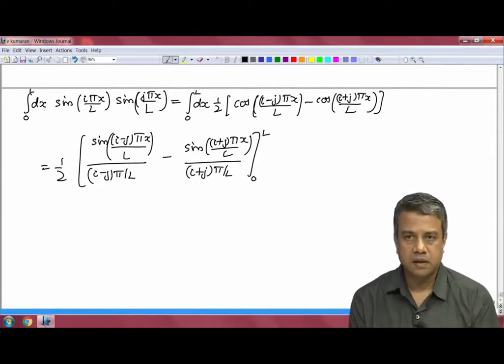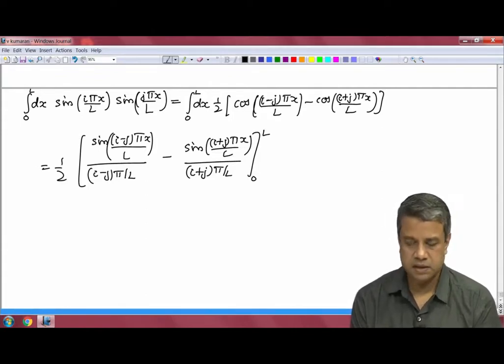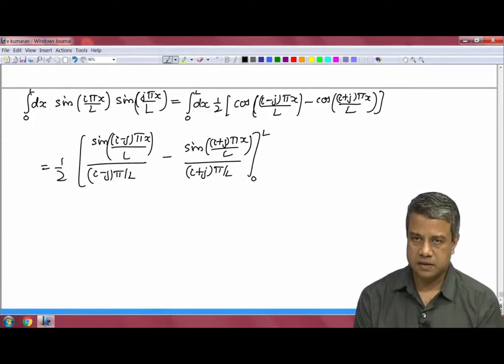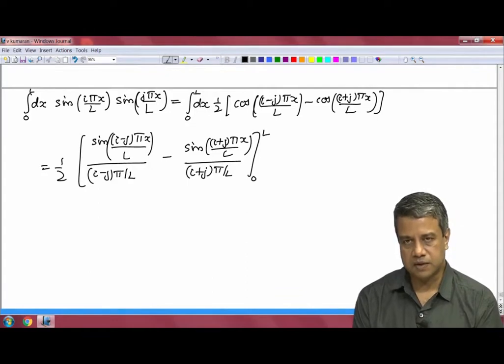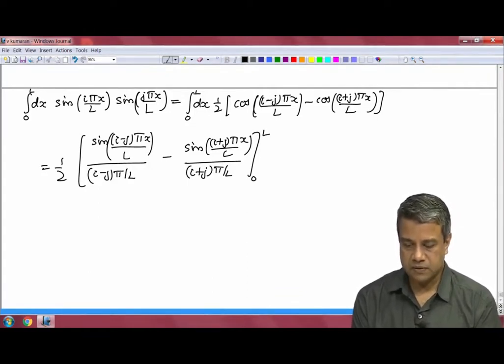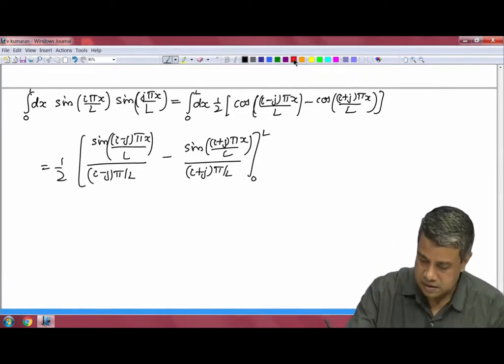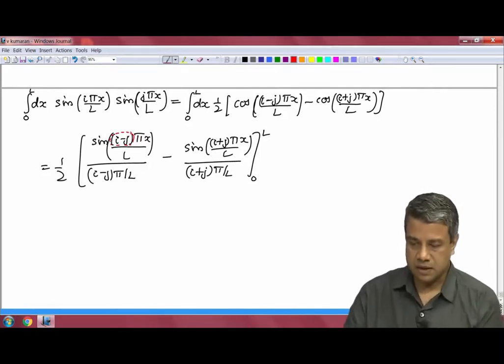And since i and j are integers, this term is identically 0 if i is not equal to j, because sine of an integer times pi will be equal to 0 and sine of 0 is also 0. The only non-zero value you have is when i is equal to j, in which case sine of this argument in the limit as it goes to 0 is equal to the argument itself.